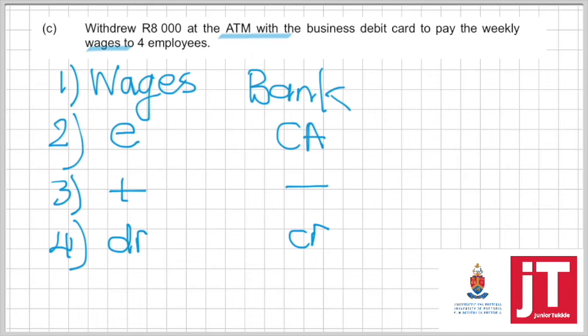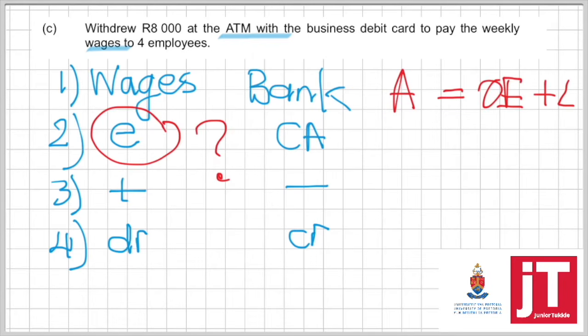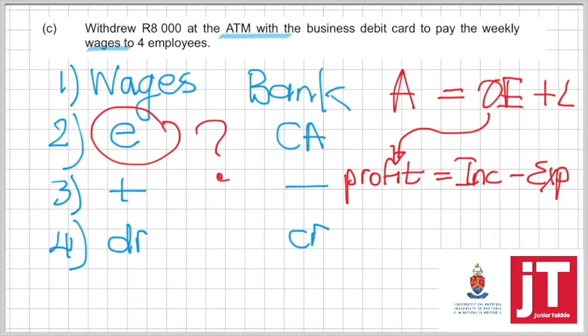But now, how do expenses fall into our equation if no expense is listed in the equation? We can say that owner's equity is what the owner starts the business for, to make a profit. The definition of profit is income minus expenses. So expenses is a subclassification of equity.